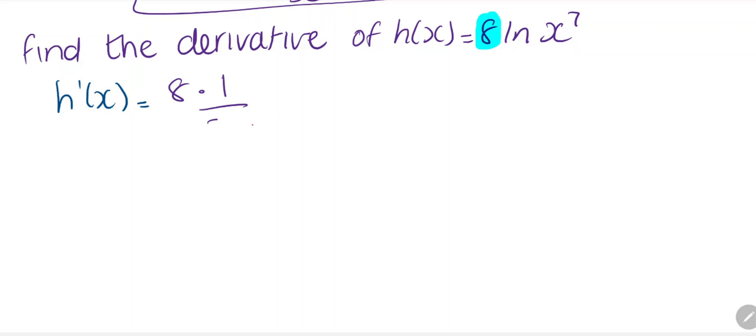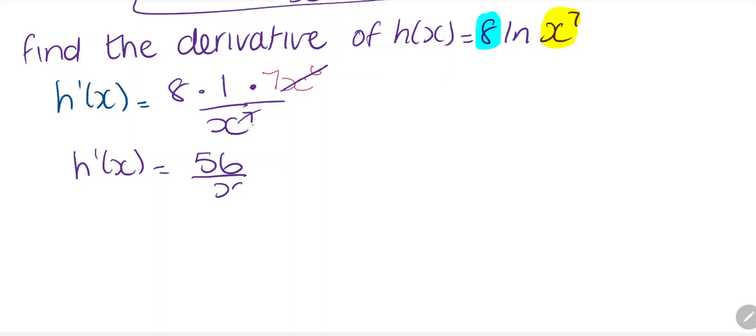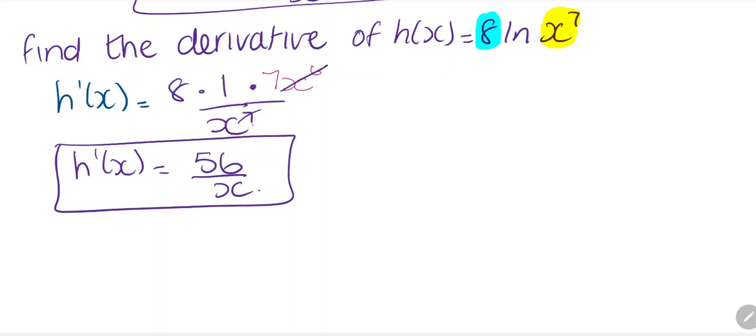So this is 1 over x to the 7, because that stays the same, and we're going to multiply by the derivative. The derivative of our value is 7x to the 6. We can see our x's are going to cancel, so we've got 6 x's and 7, so we're just left with x on the denominator. If we multiply this out, 8 times 7 is 56, divided by x. And there's our answer.